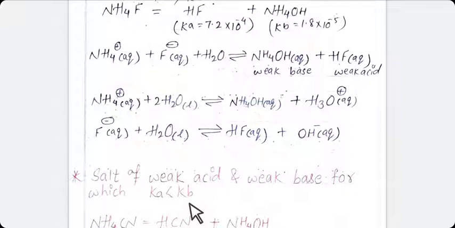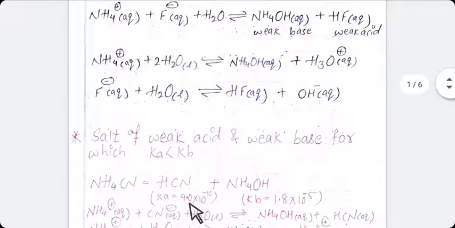Here we are using ammonium cyanide, NH4CN, a salt which is made by weak acid HCN, hydrogen cyanide, having Ka value 4.0 × 10^-10, and NH4OH, ammonium hydroxide, weak base having Kb value 1.8 × 10^-5, which is clearly showing that Ka is lower than Kb.